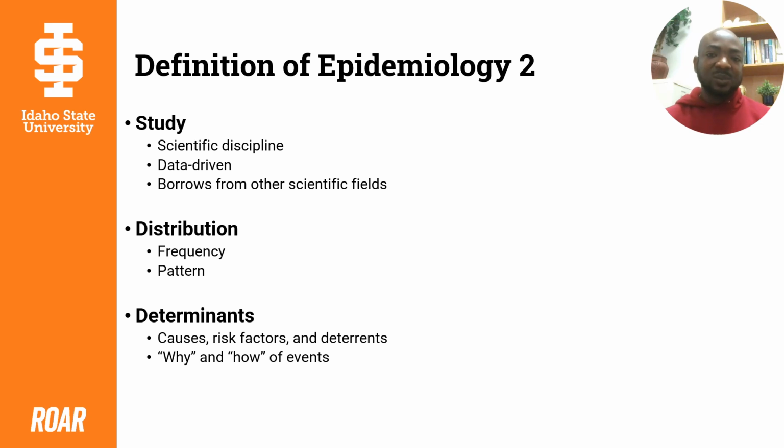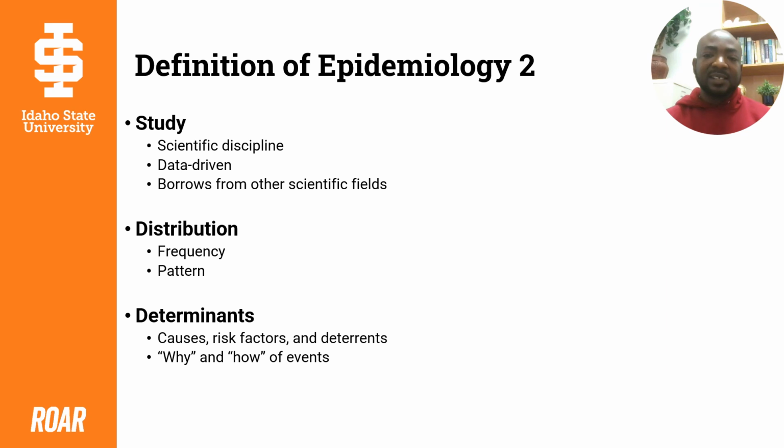Pattern refers to the occurrence of health-related events by time, place, and person. Time patterns may be annual, seasonal, weekly, daily, hourly, weekday versus weekends, or any other breakdown of time that may influence disease or injury occurrence. Place patterns include geographic variation, urban-rural differences, and location of work sites or schools.